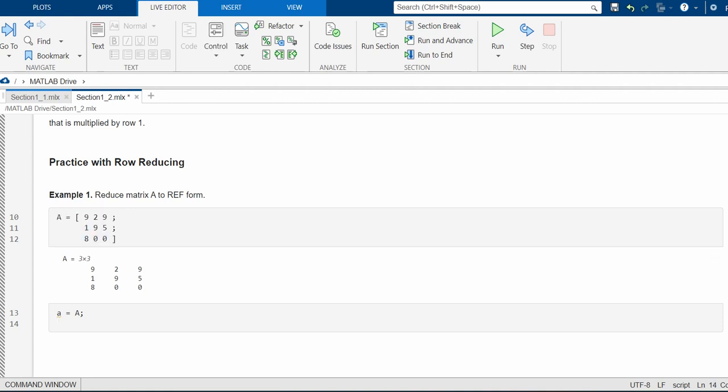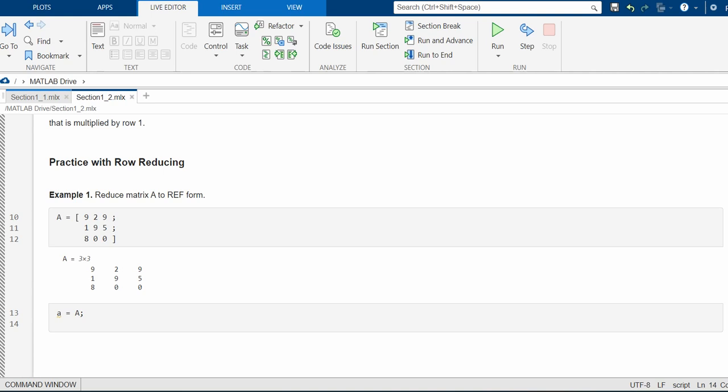I start with little a, and by the way, lowercase letters are easier to type. We usually use uppercase letters. If we're writing on the whiteboard in class, we'll use an uppercase letter for matrices, and lowercase letters will be other variables, but it's easier to type a lowercase letter. So I'm going to use lowercase a while I am working.